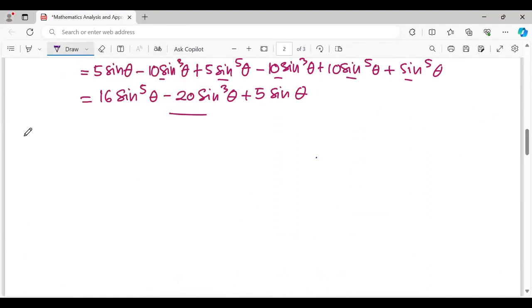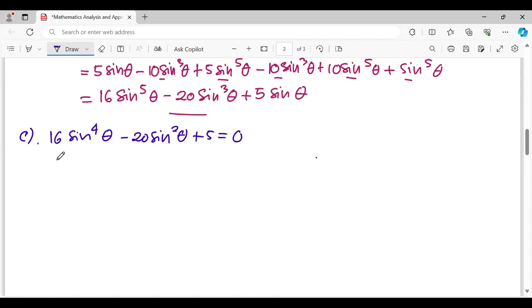So let's see, 16 sine to the power 4 theta minus 20 sine squared theta plus 5 equals 0.